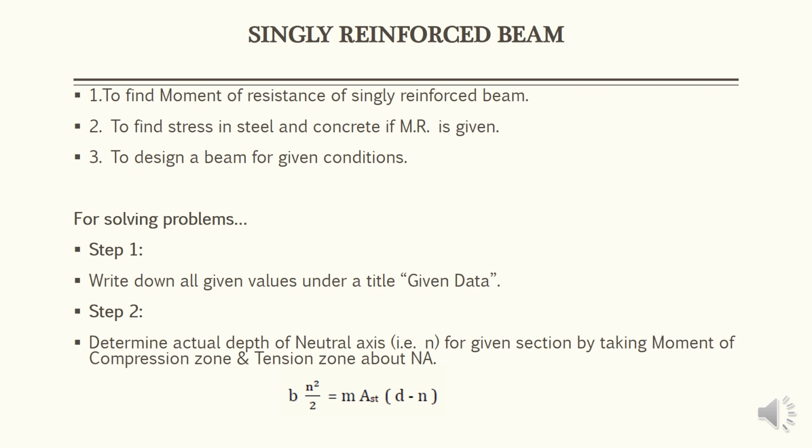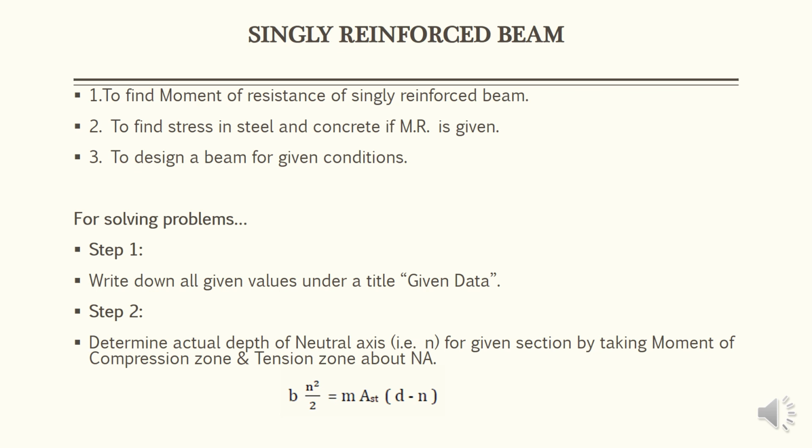The second type is to find the stresses in steel and concrete if the moment of resistance is given. The third type is to design a beam for given conditions.